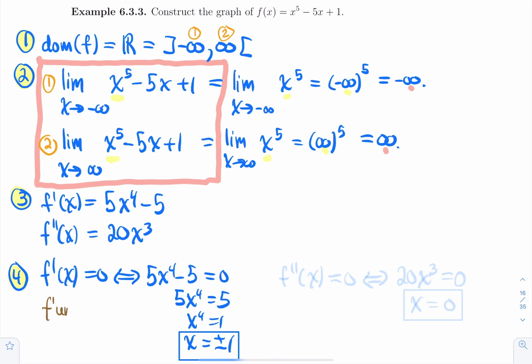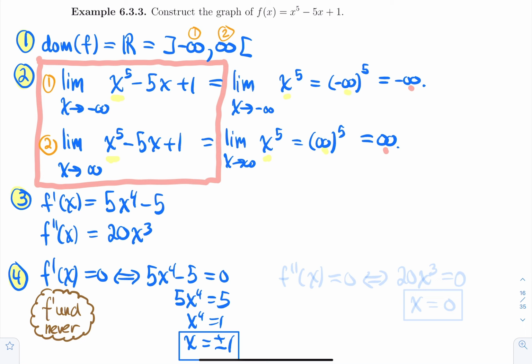But in this case, 5x^4 minus 5 is a polynomial. So you just set it equal to 0. 5x^4 minus 5 is equal to 0 when 5x^4 is equal to 5. You divide by 5 on both sides. You get x^4 is equal to 1. And then you take the fourth root on both sides because it's even. You get x is equal to plus or minus 1. So we have two critical points for f. It's when x is equal to minus or plus 1.